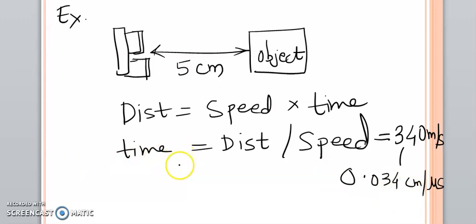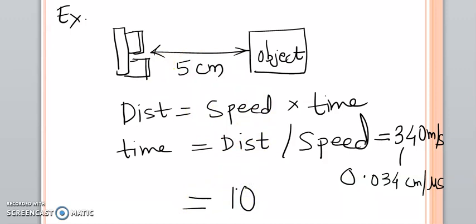Now this value can be easily used along with the time which will be available in microsecond. So in this example, we will see how the ultrasonic sensor behaves and gives us the exact distance of 5 centimeter. In this formula, the distance which the ultrasonic sensor takes is equal to 10.